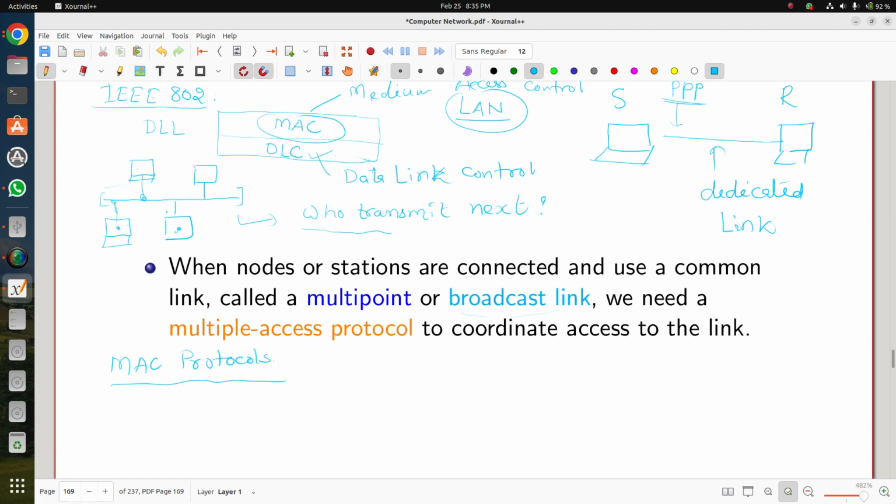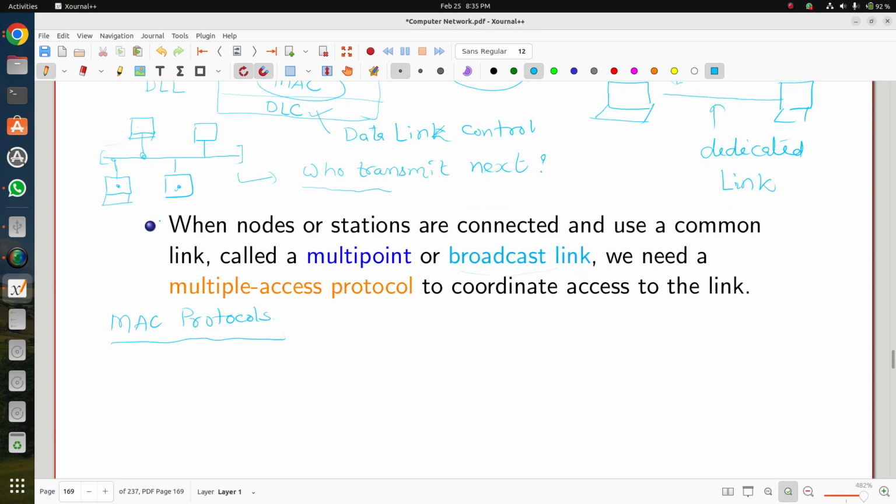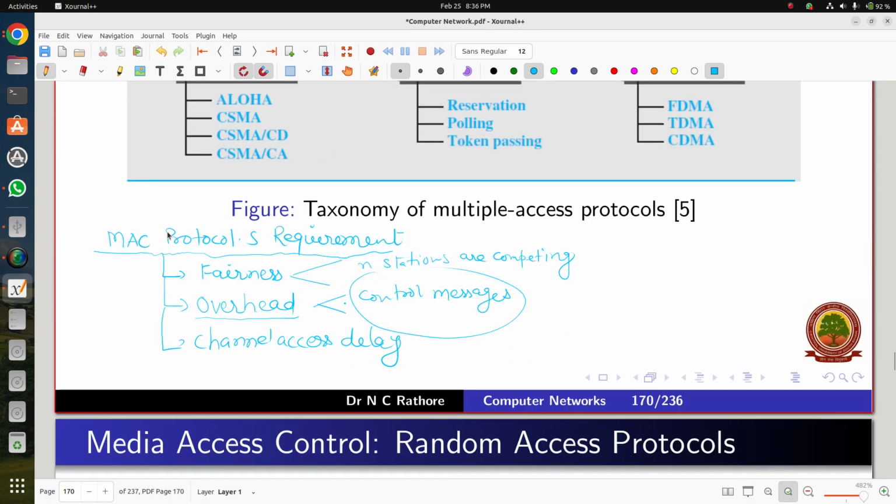This decision will require some time. These competing nodes have to reach a consensus, or the protocol should establish a consensus among the parties about who will transmit next, and once this decision is made, the channel can be given to the party that has been granted access. So obviously it will incur certain delay. What we want is that this delay should be minimum.